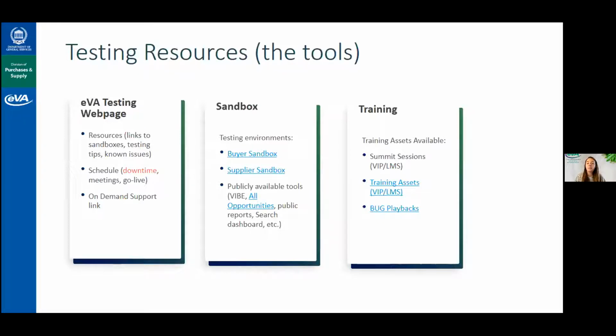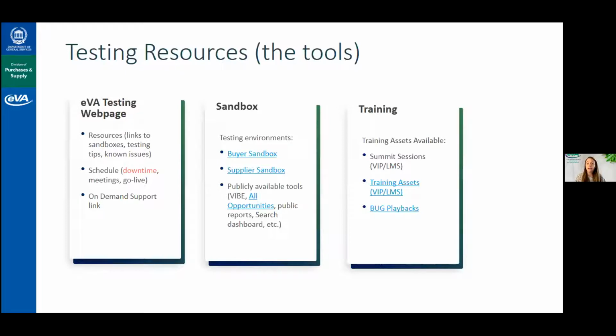Our testing website will include links to the sandboxes that you will access in order to complete your testing. We still have our existing production-like UAT environment in place. So you are going to have to navigate differently than where you would if you were accessing our current training or UAT environments. So you're going to go to the testing page to get to those links.